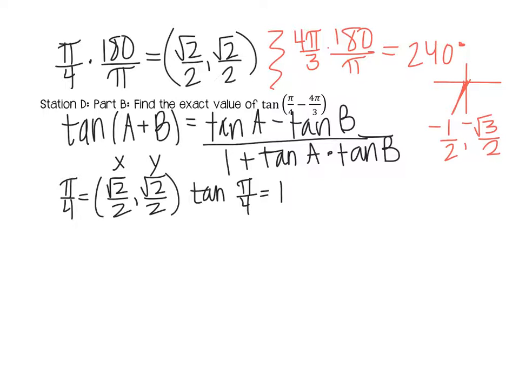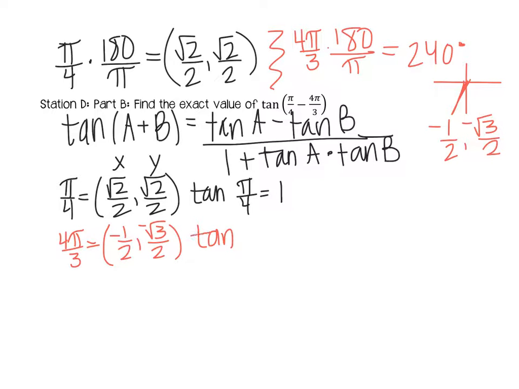So I'm going to come over here and write down 4 pi over 3 is equal to negative 1/2, comma, negative root 3 over 2. Okay, so now I have to find the tangent for this.